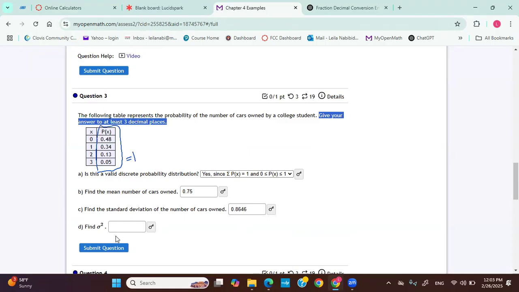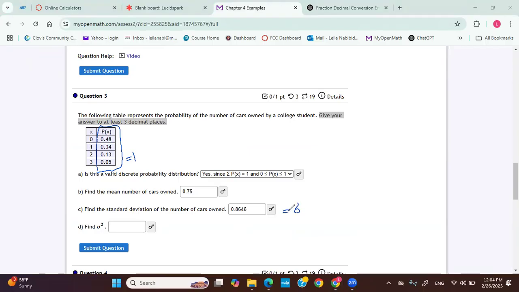Okay. Now it's asking to find sigma squared. Sigma squared means the variance. And we know that the variance is always the square of the standard deviation. So this is my standard deviation, the sigma. Now I want to find sigma squared.